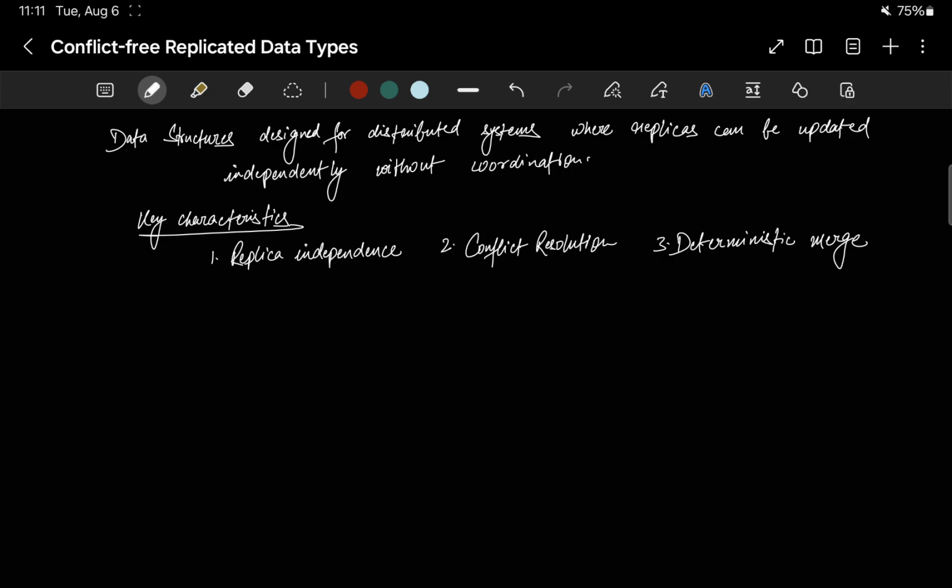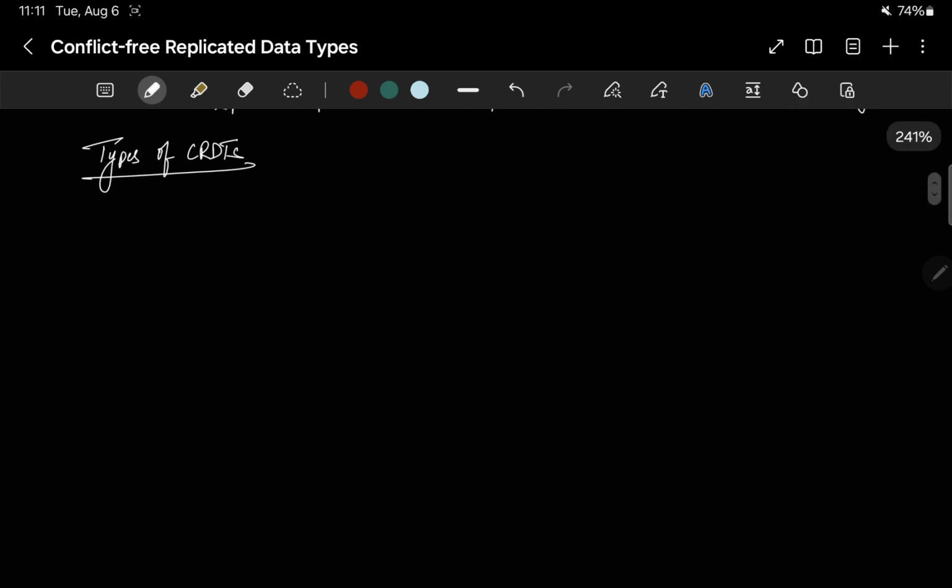Okay. Now let's see what are the different types of CRDTs. It might be actually too deep, and you don't need this much level of information. But okay, now that we are discussing, let's see.